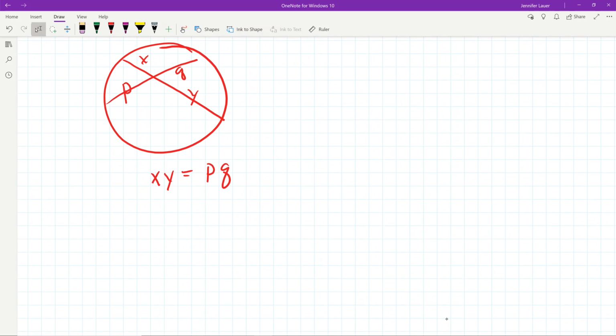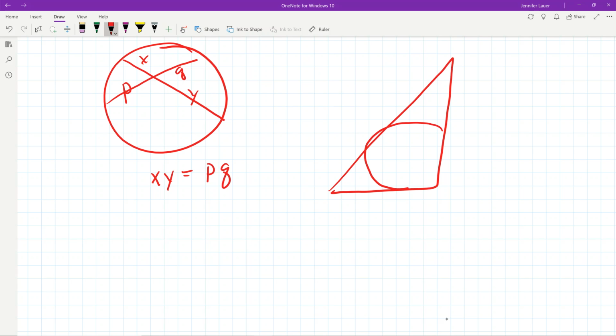Oh, this one, these are tangent too. And these were things we touched on in Algebra 2. So these will be equal. So this would be x plus y. This is x plus y. And this is g. And this is g. So these things are equal.